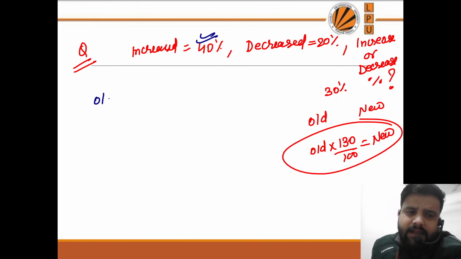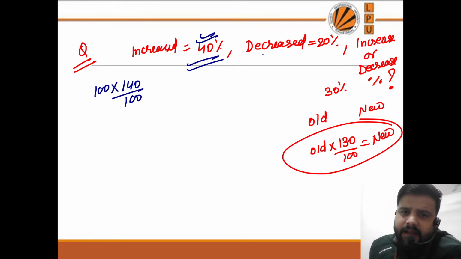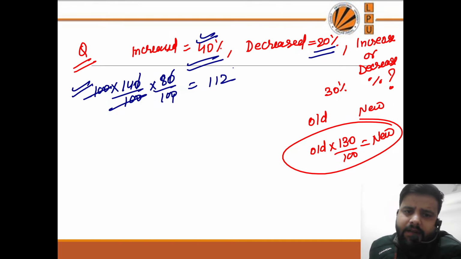So if the old value is, let's say, 100, first of all you will multiply it by 140 by 100. Then it is decreased by 20%. When something is decreasing, it means you will calculate 80% of it. When you solve it further, it will give you the new value, which is 112. It means if you start from 100, you will arrive at 112. So here also you get that it is a 12% increase.